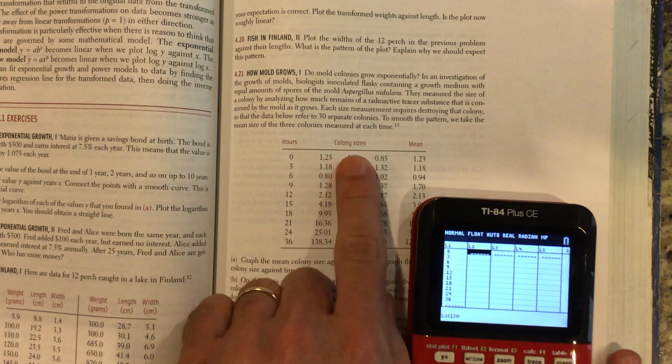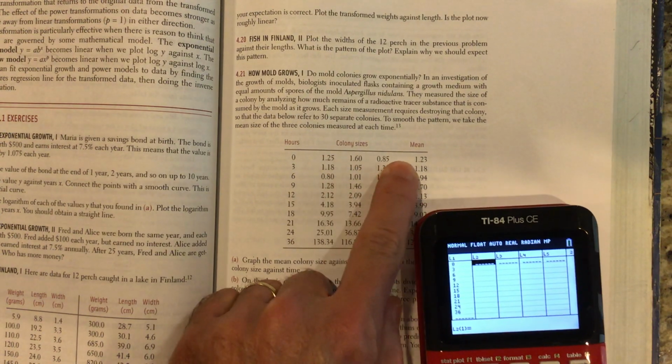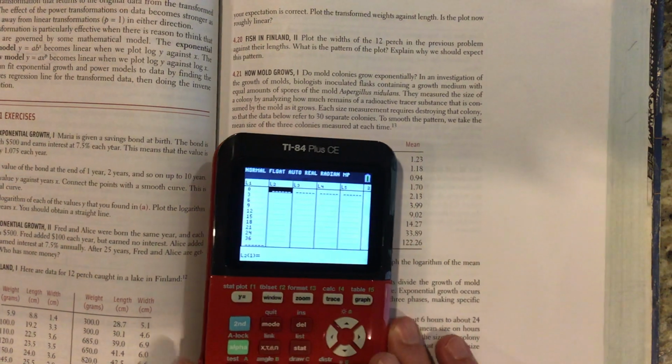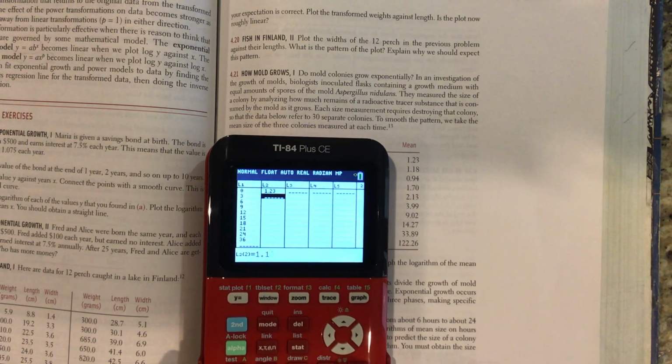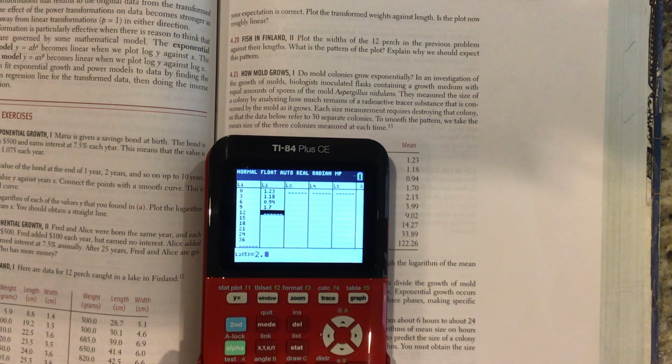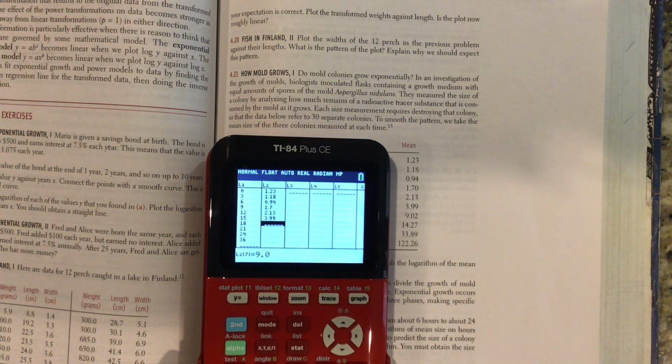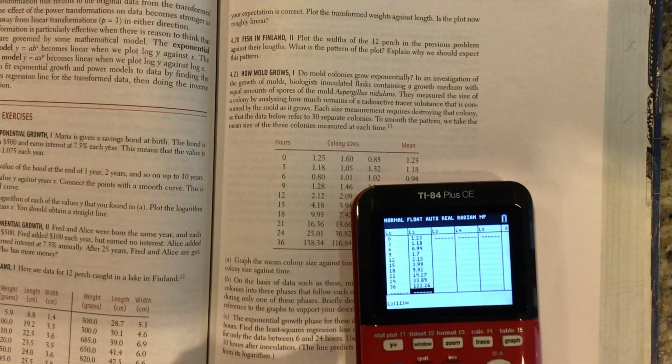And we can ignore the middle values because it said just the mean. Okay, and we're ready to graph.